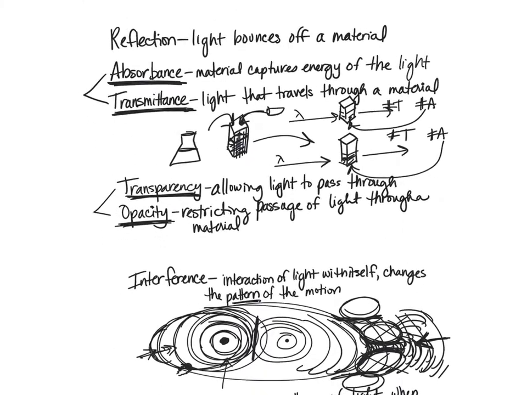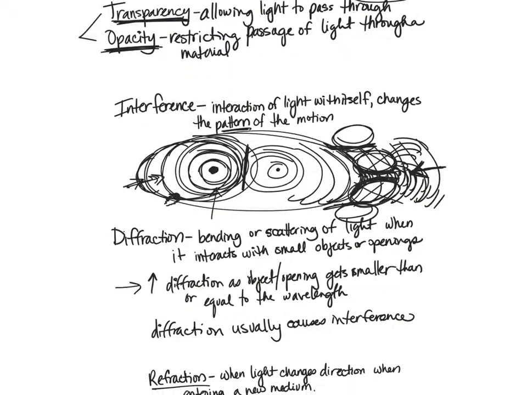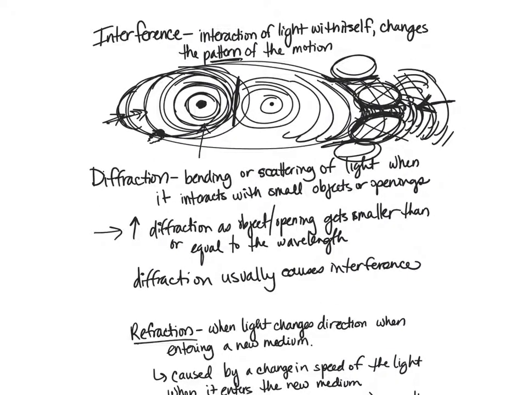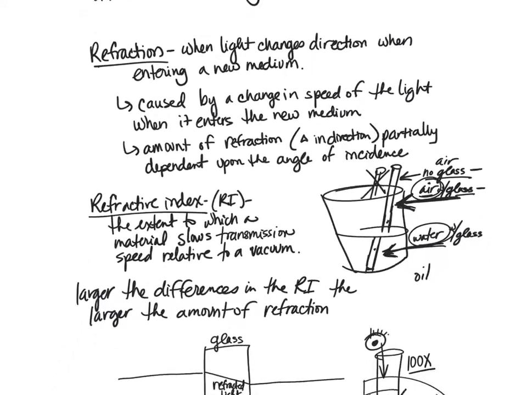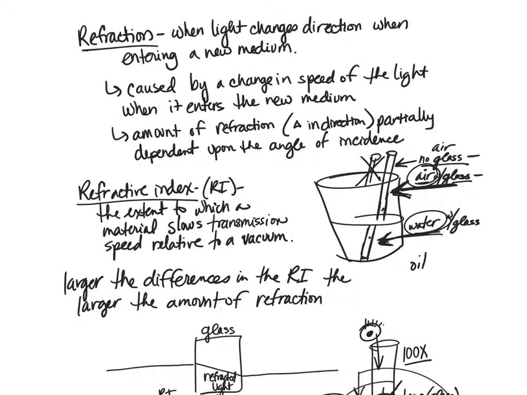You should know the terms for the way that light interacts, and how we can quantify these different things like reflection, absorbance, transmittance, transparency, opacity, interference of light waves, diffraction, and then of course refraction. And that is a really big one. Refraction is important because we're talking about our refractive indices, and how things interact when they are going through, or the speed. That's important when we talk about microscopes and magnification.